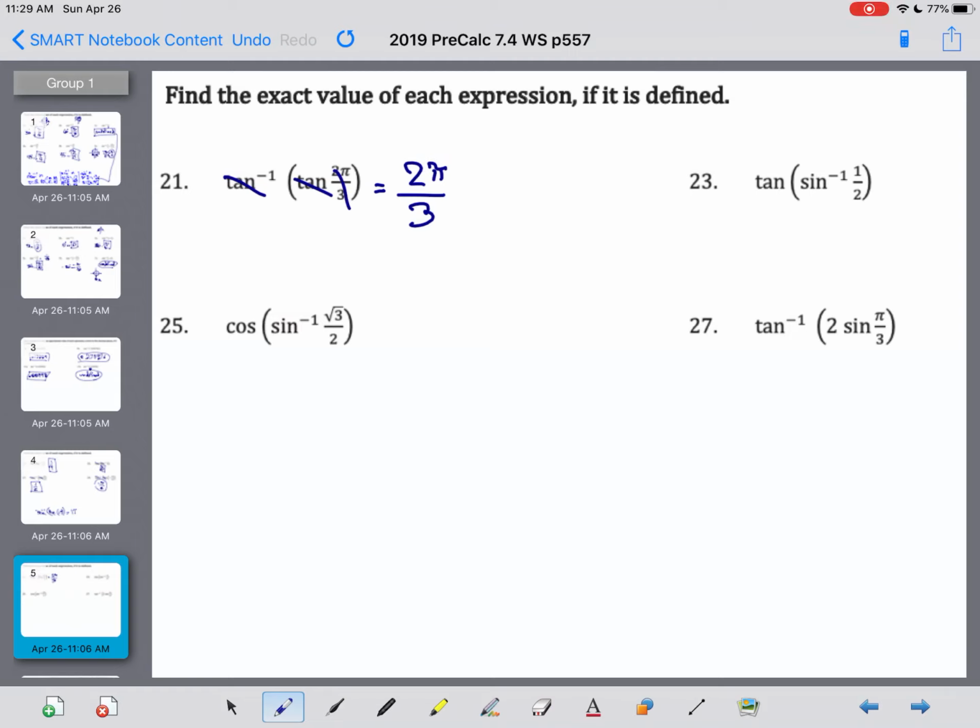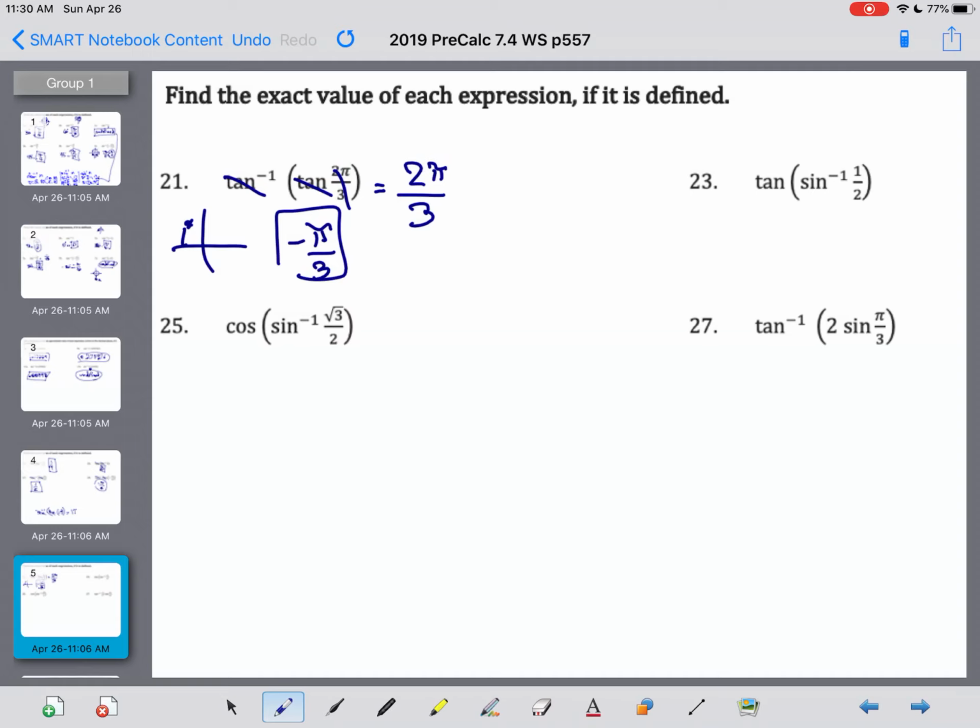If I think about that, 2 pi over 3 is here. It's outside, so I have to do a little subtract, and I'm going to think of coming up this way. So this ends up being negative pi over 3. So when we get something that's outside, we rewrite it dealing with plus or minus pi.